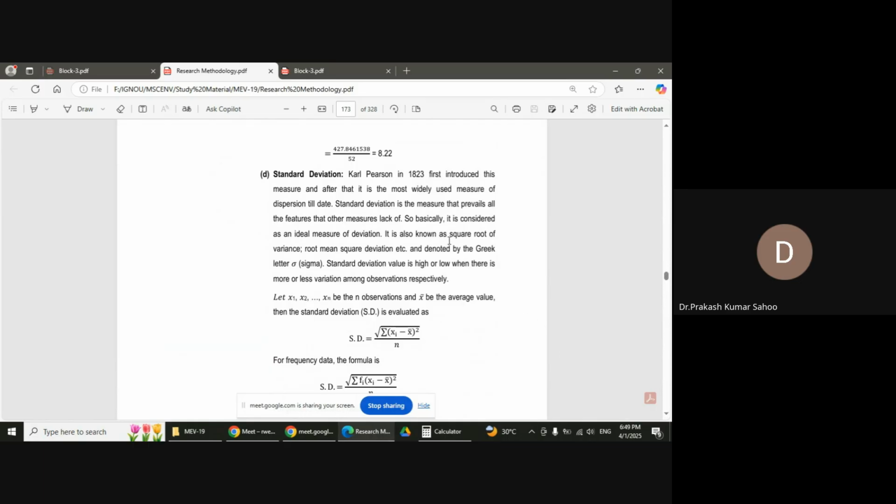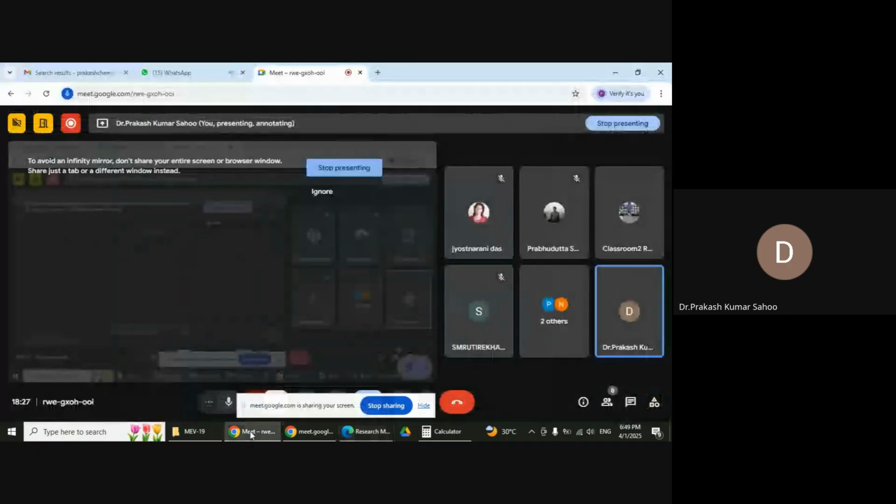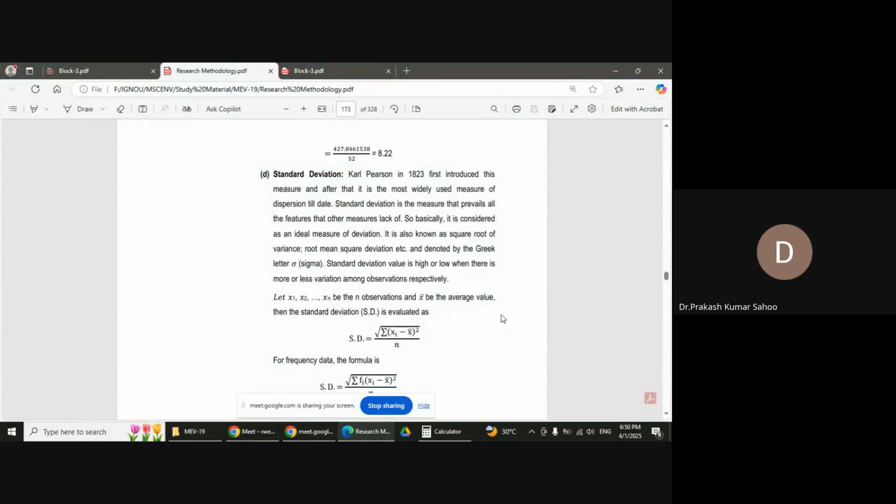The square of standard deviation is known as variance, or root mean square deviation, and it is denoted by the Greek letter sigma.